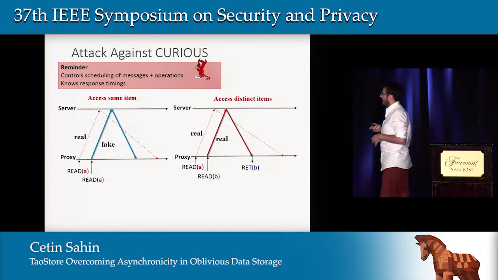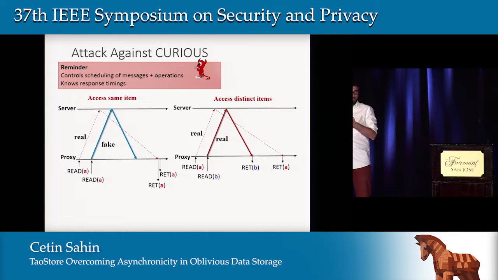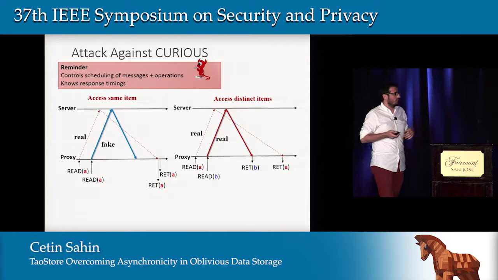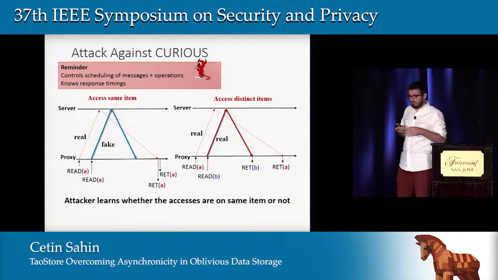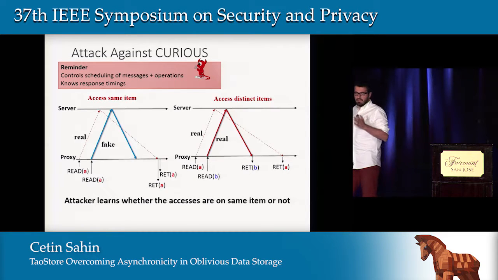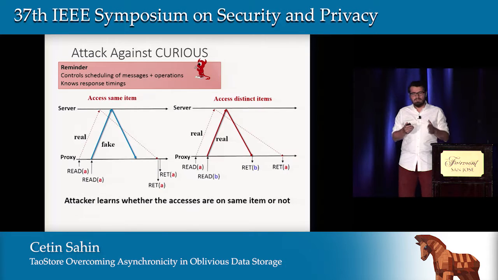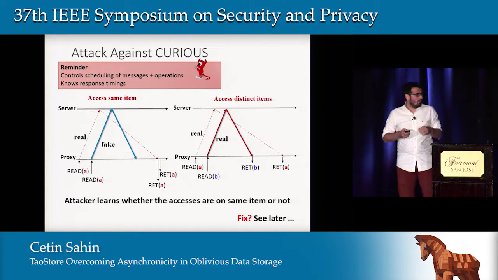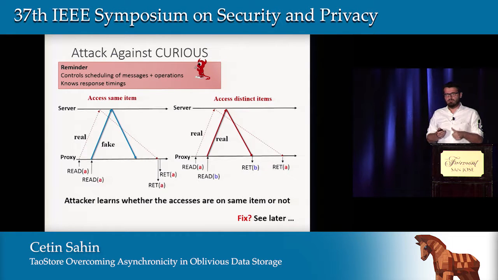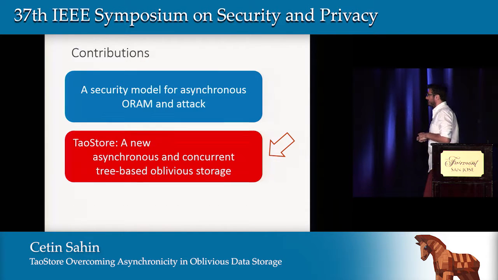Whenever we fetch the path for A, and whenever we fetch the item A, we will return responses for the requests of A. As you can see, since the adversary knows when the responses are returned, it learns whether the accesses are on the same item or not. We have a fix for this, but just stay tuned, we will show it to you later.